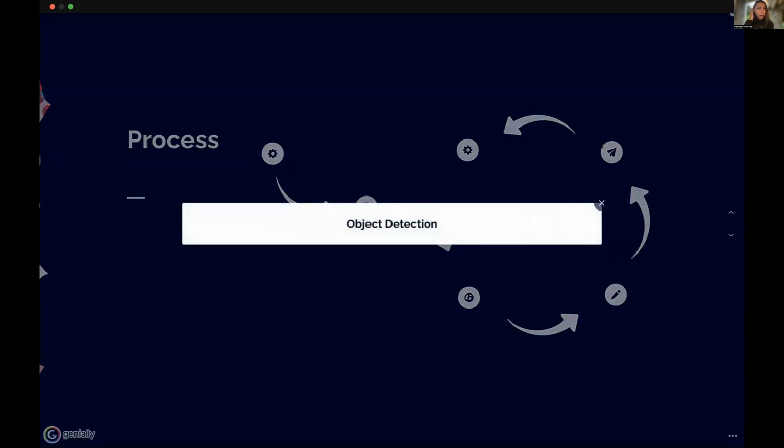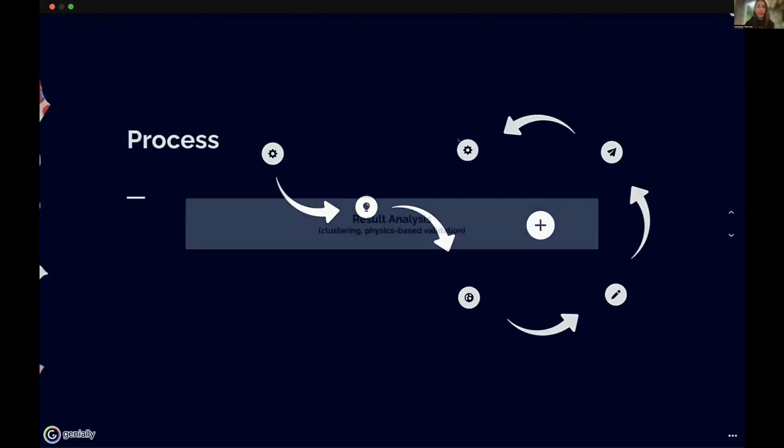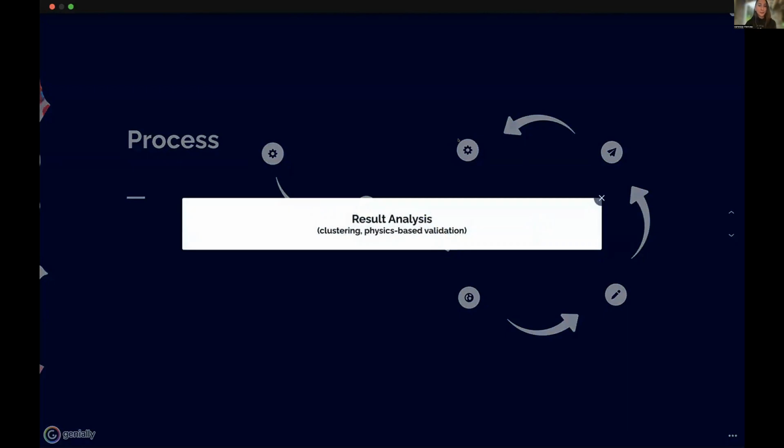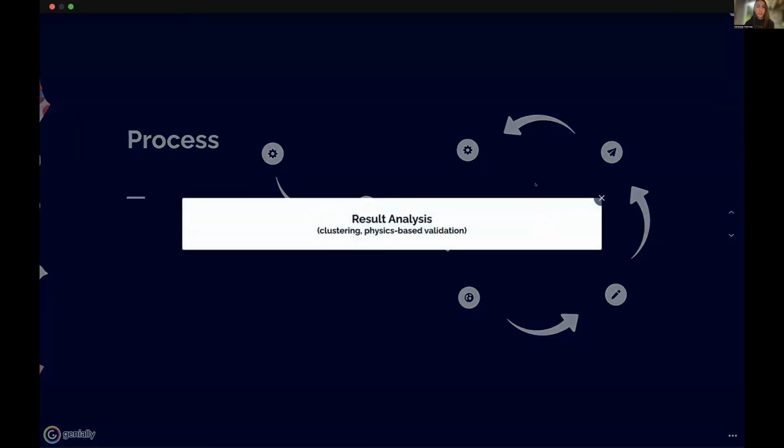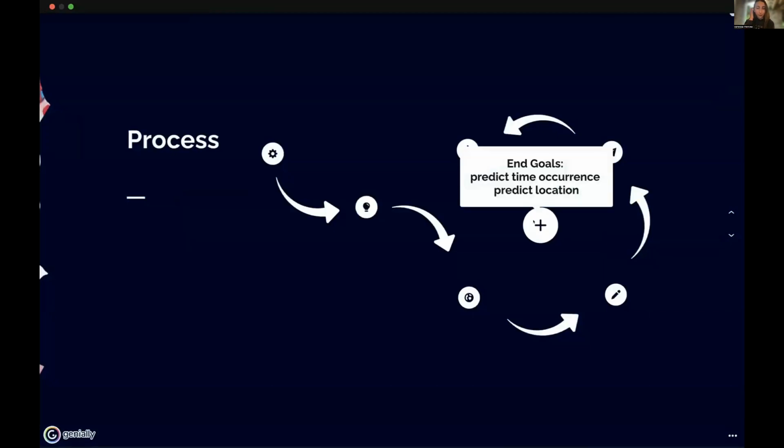And together with the object detection, we managed to predict both the time and the location of a sunquake. Last but not least, we performed an analysis on additional data sets using physics-based validation with the help of our collaborators.